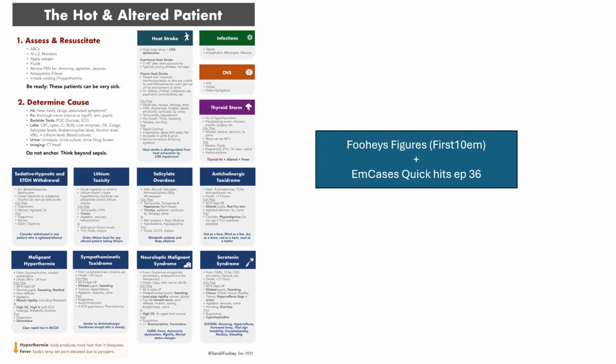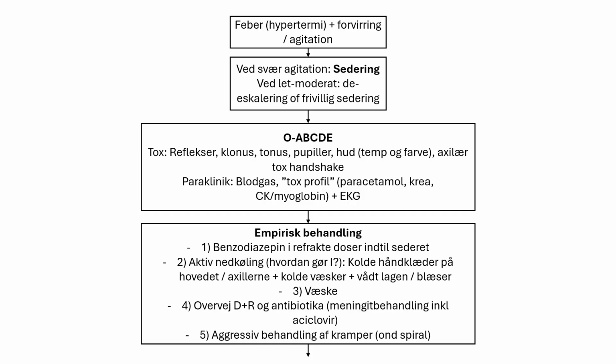Just some examples of other models that I have in my head. If you have a patient who is hot and altered, agitated and hot, then you have these differentials, and I know what to do with these. I'll try to sedate them at first, and I'll do the ABCDE, and I'll check reflexes and clonus and tone and pupils and skin, and do the axillary handshake in their axilla to see if they're dry or not.